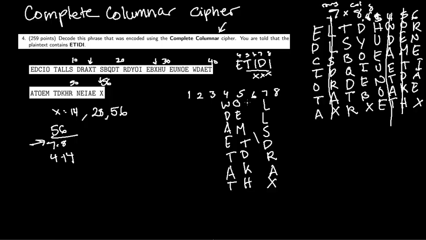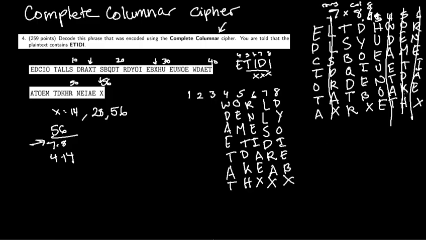R, N, E, I, A, E, X. Then 8 over here. See, world, already making words. D, Y, O, I, E, B, X. So we have this one done and this one done.